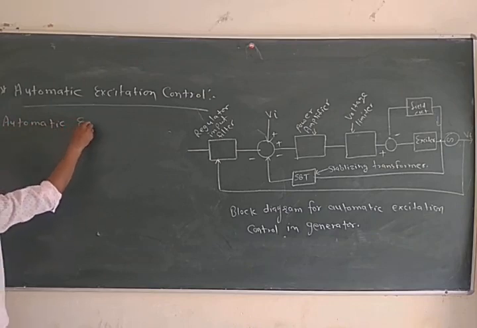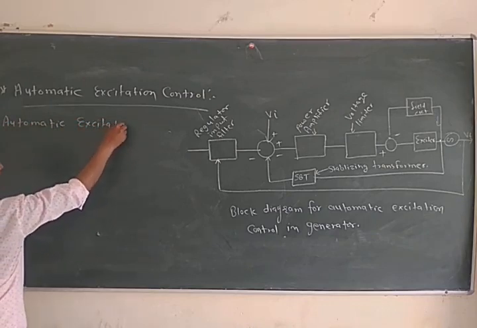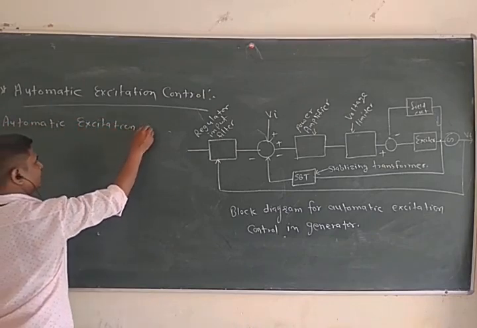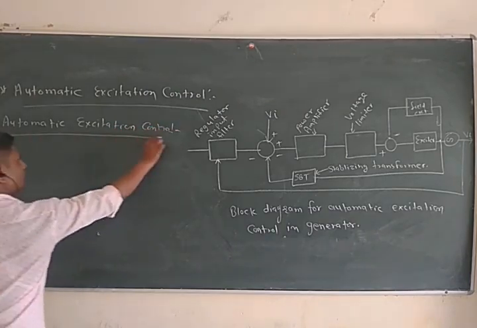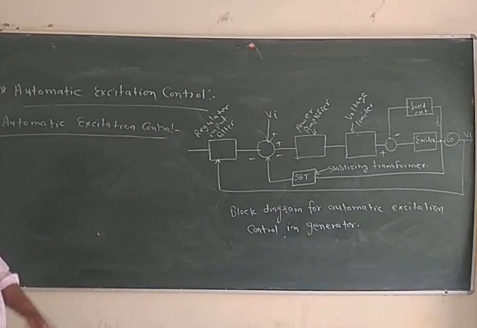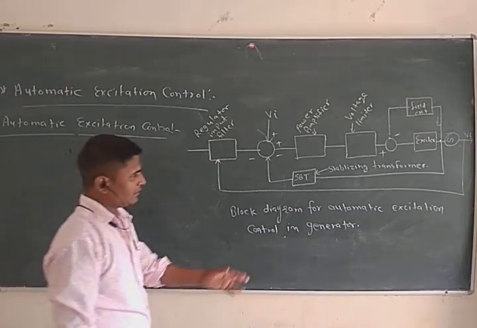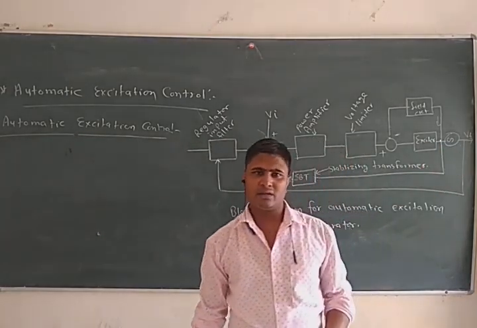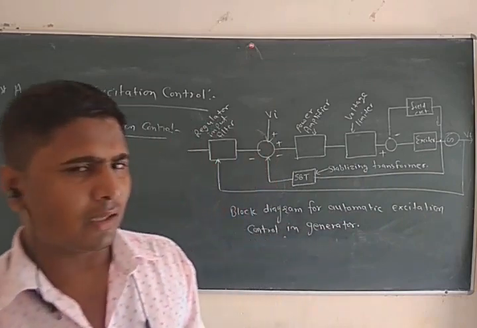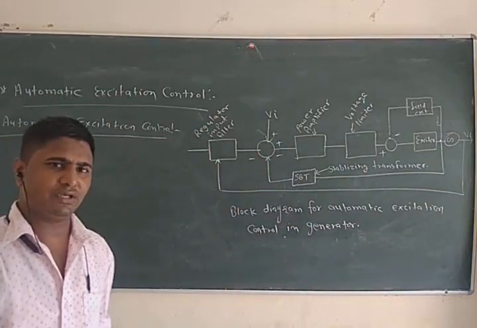In this method, we control the excitation of the generator, and by controlling the excitation of the generator, we can control the terminal voltage of the generator.